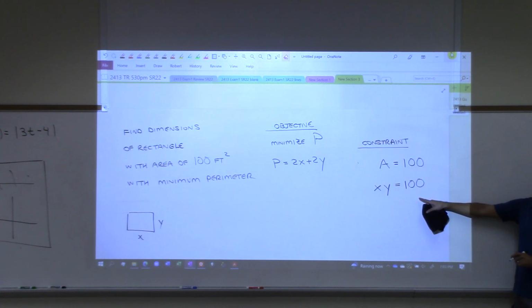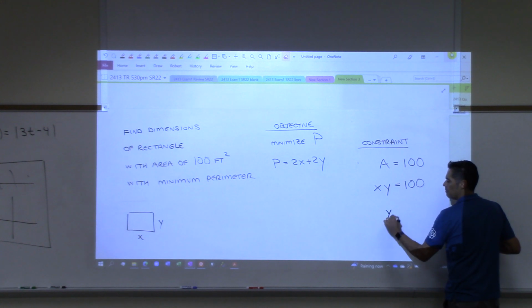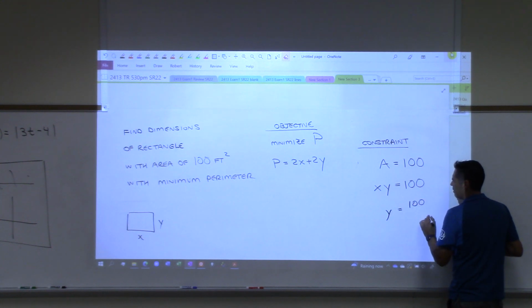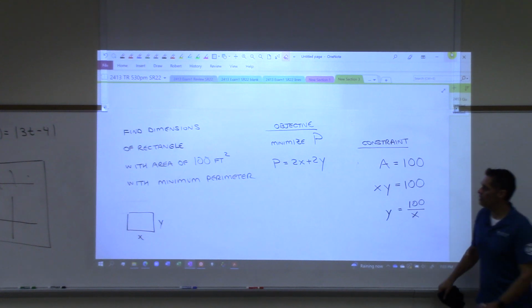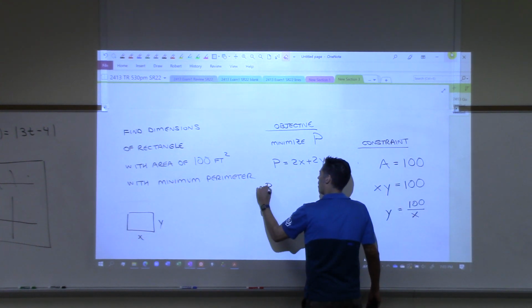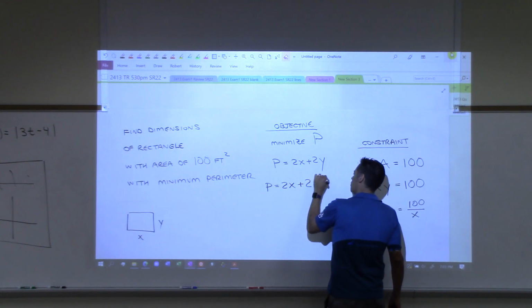Can you solve this for x or y? Can you get y or x by itself? Yes. Let's get y by itself. Divide 100 by x. So what I can do now is go to this formula for P and replace the y with 100 over x.